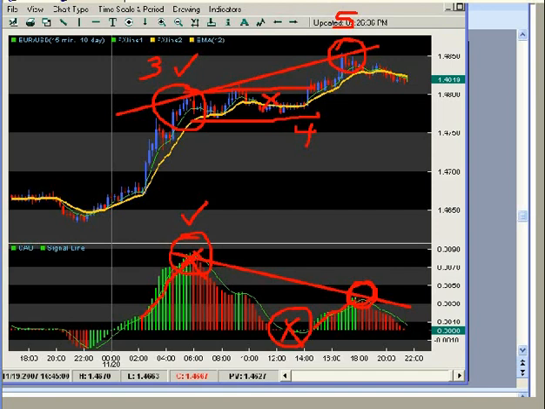When you see green bars moving up, the momentum is to be long. When you see red bars moving down, the momentum is perhaps telling us to get out of our long positions. Now, on this time frame, you may or may not get out of your position.